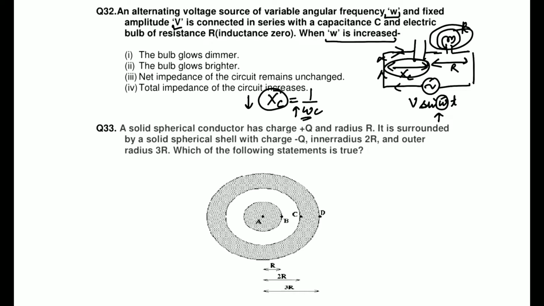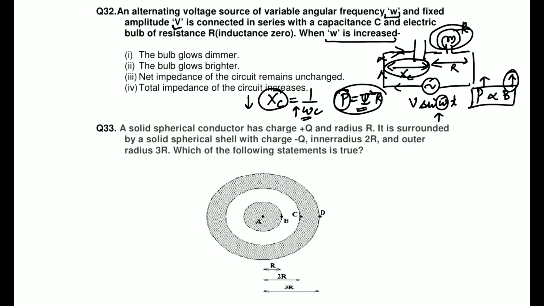If more current flows, then according to the formula, power is equal to I square R. More current has gone, so the power will be more, and power is directly proportional to the brightness. So if power is increased, brightness will also increase. That means your bulb is going to glow brighter. Right? I hope that is understandable.